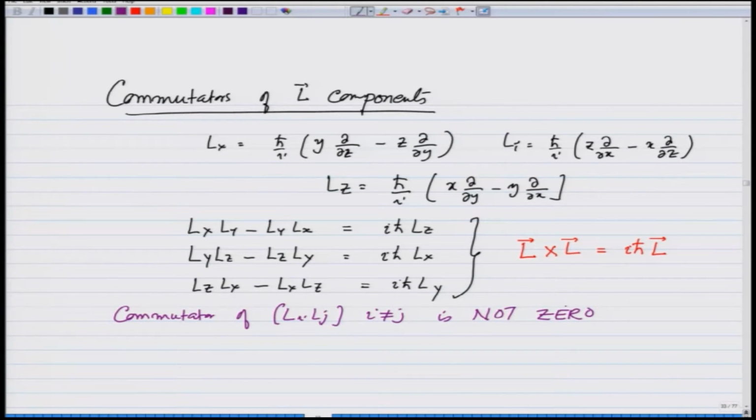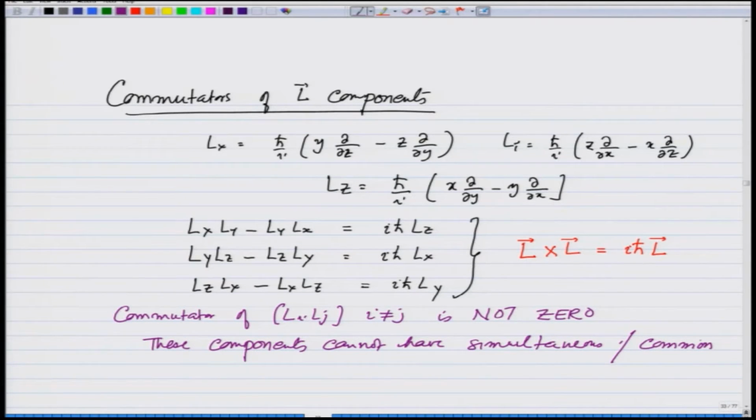And when the commutator is not 0, again recall that these components cannot have simultaneous or common eigenfunctions. More on that in the next lecture.